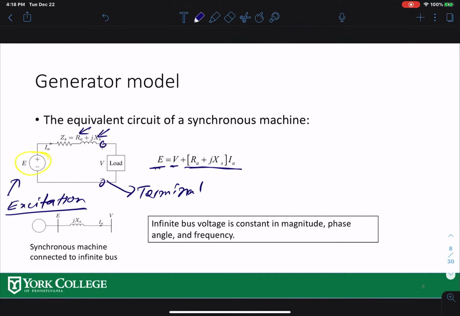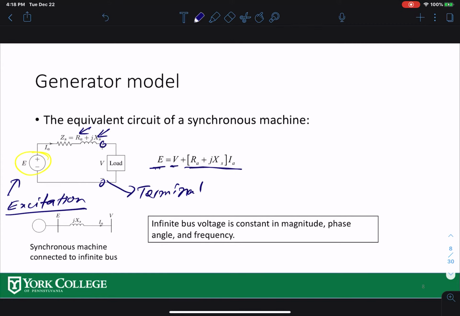For infinite bus bar, look at the power system. The power system has thousands of generators in different places all over the country, and a voltage needs to be maintained at the bus, at the grid, right? So that grid voltage cannot be disturbed by the individual generator.